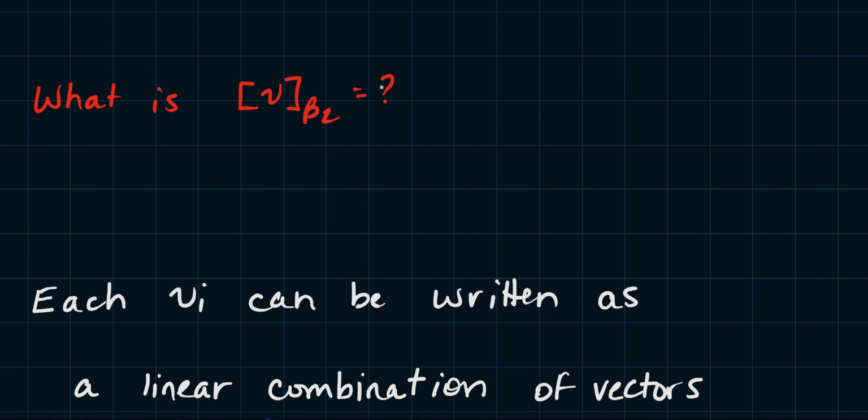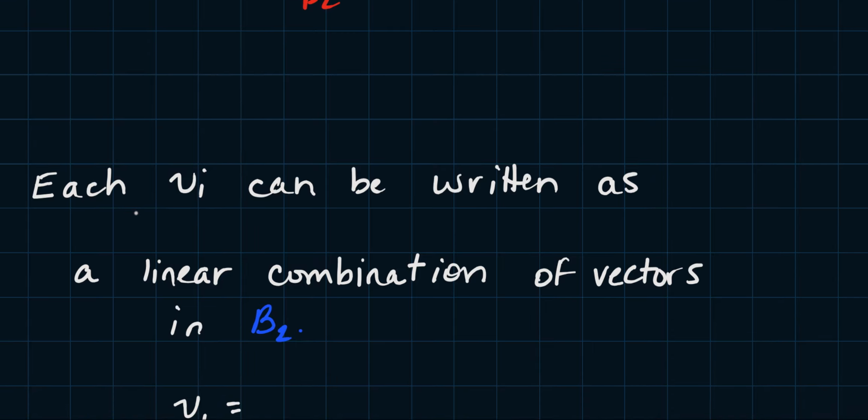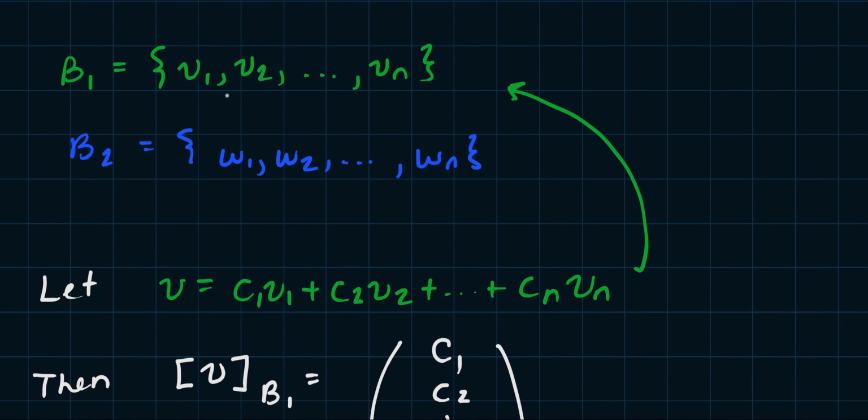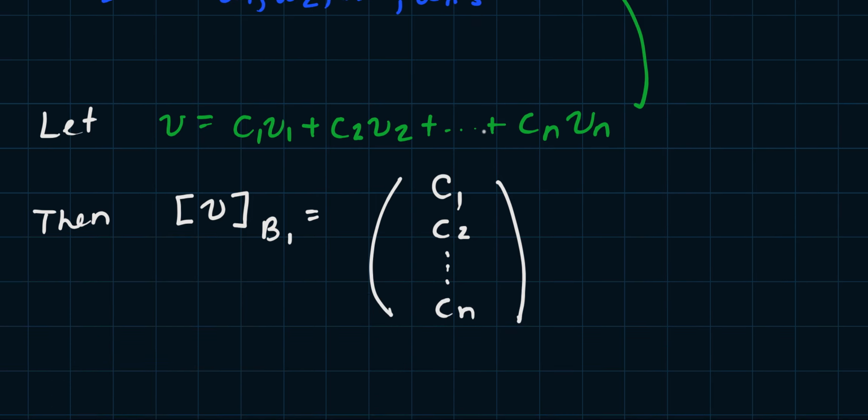How we're going to figure this out is first we're going to write each basis vector. You see how we had two bases, and each basis vector right here is a vector in the vector space, and we have this second basis, so we can write each one of these basis vectors as a linear combination of the basis vectors here. So that's what I'm going to do.